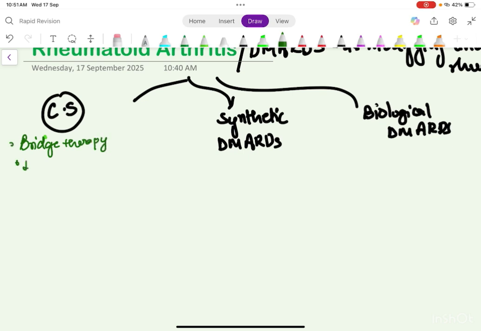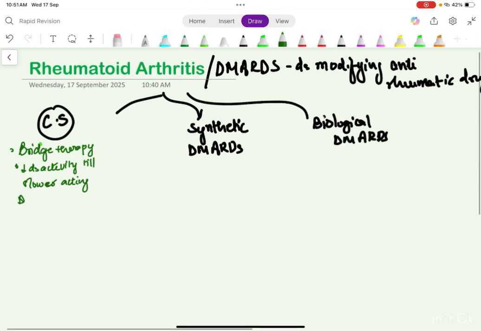They basically decrease the disease activity till slower acting DMARDs come into effect. They are basically adjuncts to the main treatment.